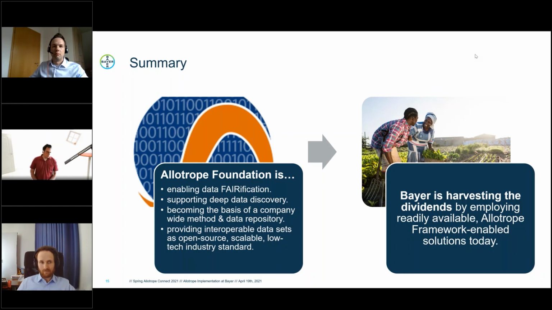Maybe I take this first, and then Eric, you can add on that. So in general, with the approach that we started, the structure of the data and the information that gets into the Allotrope data format is basically formed by the applications that generate them. Some of those we worked on together, for instance the Cihangir solution, a bilateral approach, but we also hopped onto the other commercially available solutions there.